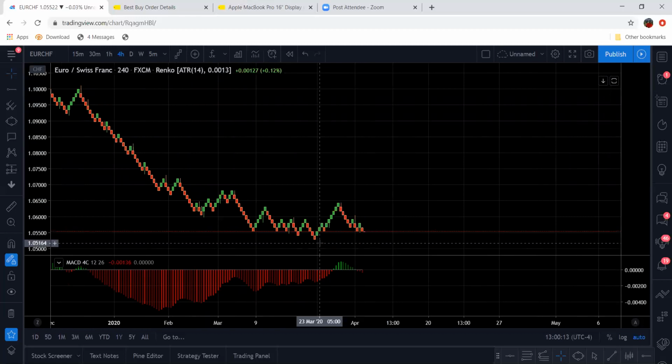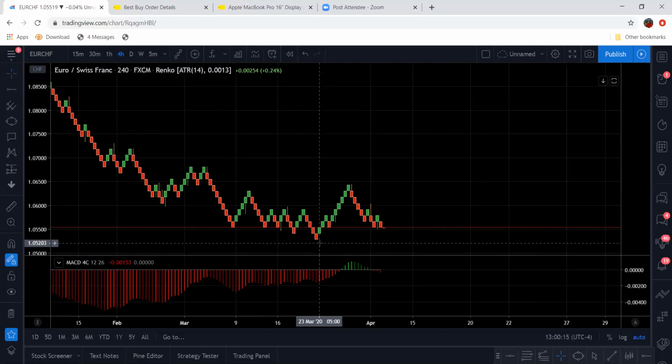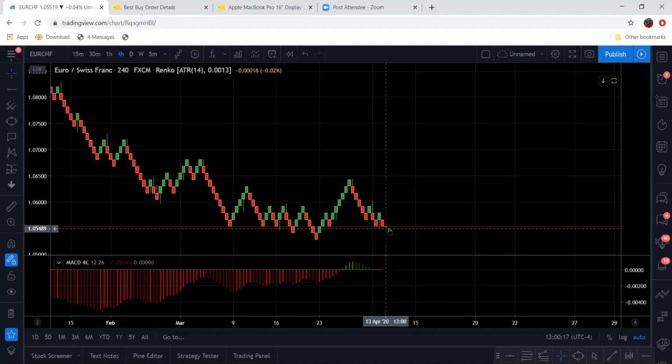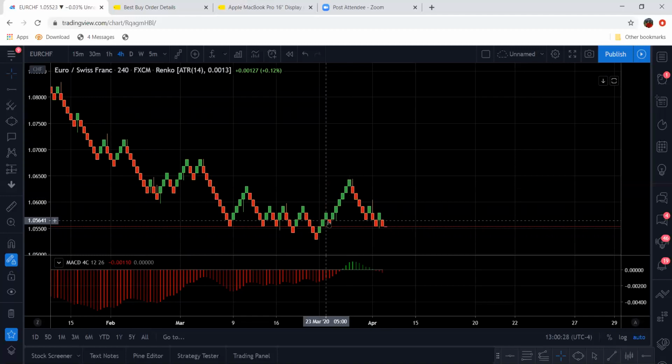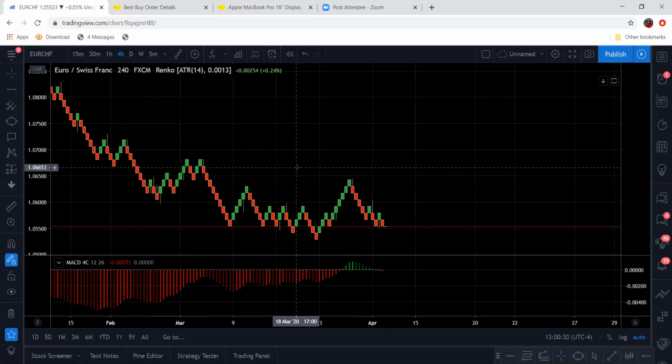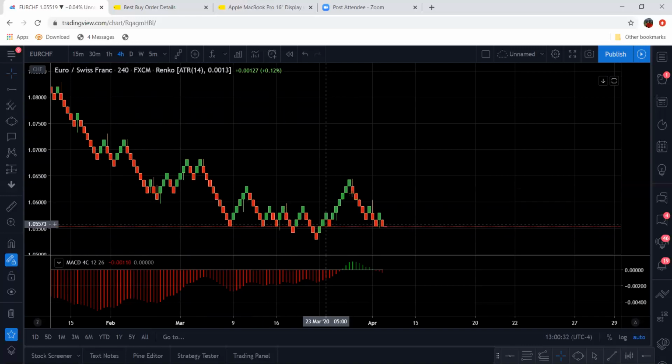So if a new brick is going to form, like you see one forming right now, you see that little pink trying to form? In order for it to fully form, it has to be equivalent to the next brick. So unlike candlesticks, Heikin-Ashi, it's not based off of time. It's based purely off of price.